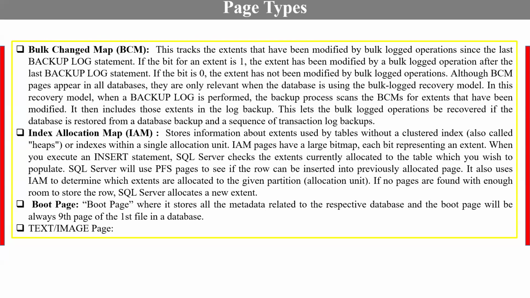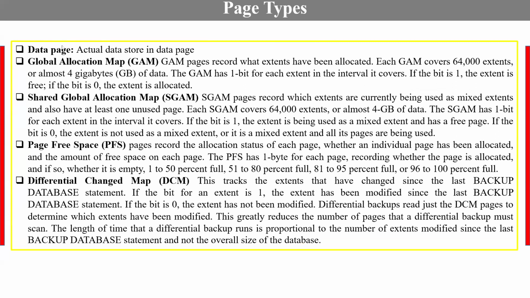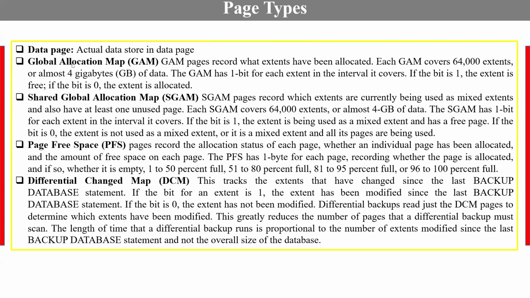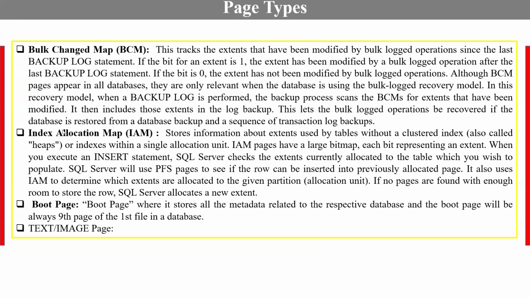You said there are 10 types of pages available, but I can only see 9. Let me count again: database 1, 2, 3, 4, 5, 6, 7, 8, 9, 10. Ten is okay: text page and image page.